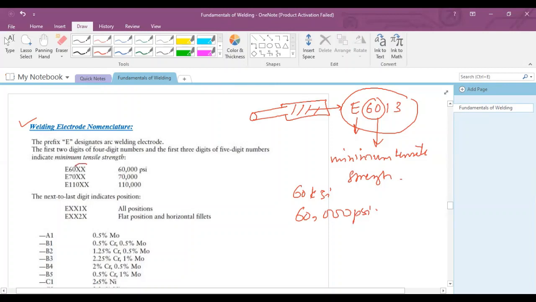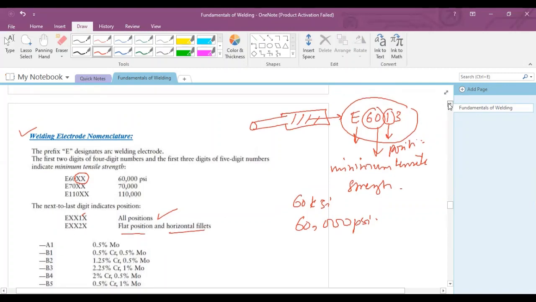The next digit, the third digit, represents the position of welding. If it is 1, then you can use this electrode to weld in all positions. And if it is 2, then you can use this electrode in the flat position and horizontal fillets.